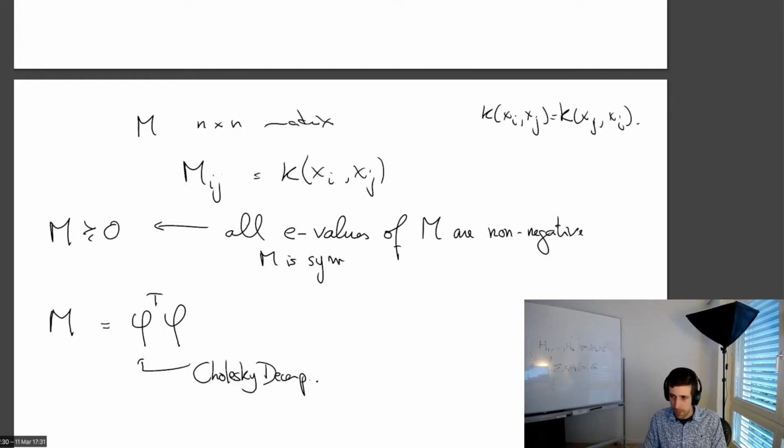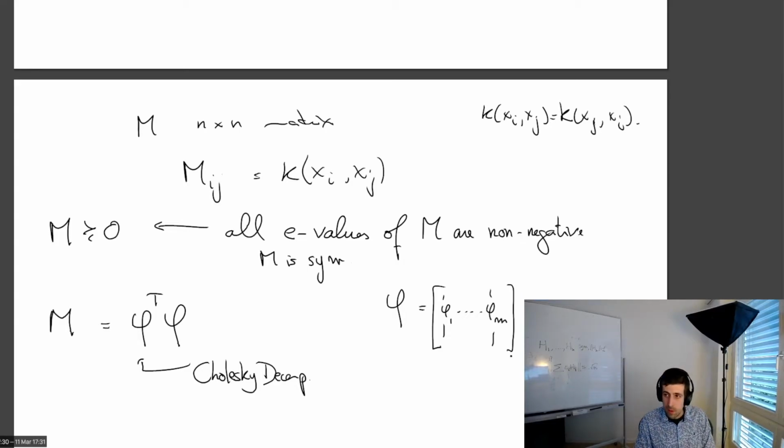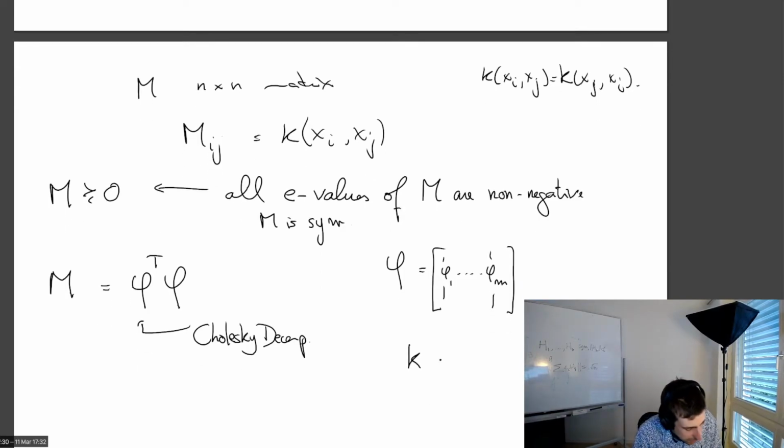In particular, if I think of these column vectors, it means that in this particular case, K(Xi, Xj) equals Mij. This is just the inner product between two vectors.